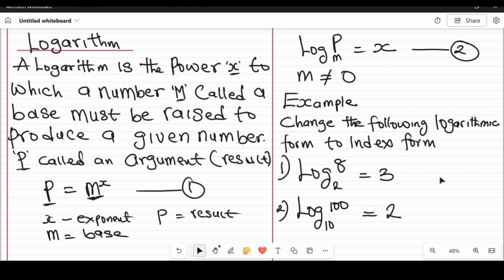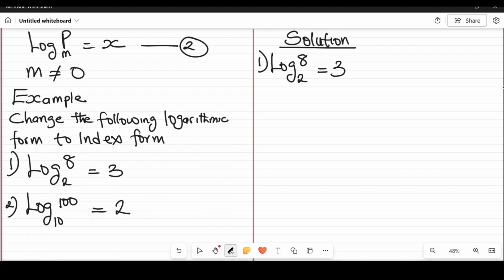Let's solve this from the knowledge of equation 1 and equation 2 we have already discussed. From equation 1, we established that p is equal to m to the power of x, where m is our base, p is our argument or result, and x is known as our exponent.